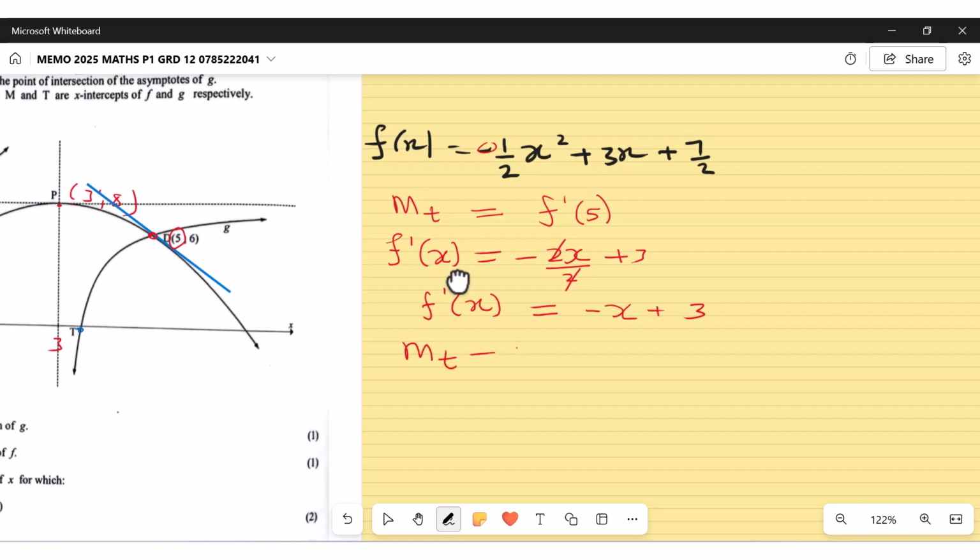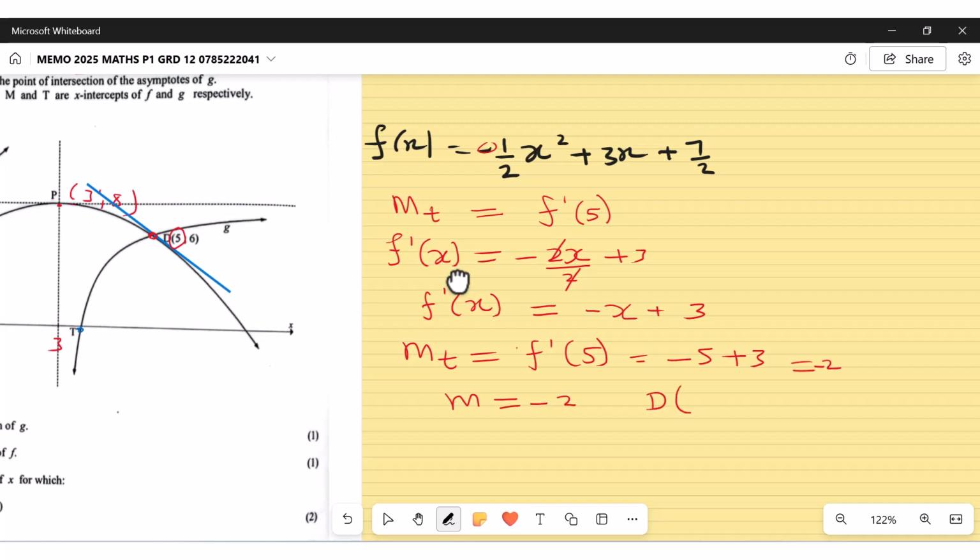Now here we can use y minus y1 equals m into x minus x1. So in this particular case, our y1 is this 6 here, so it's going to be y minus 6. Our M tangent we already got as negative 2, into x minus x1, where x1 is the 5, so minus 5 here.